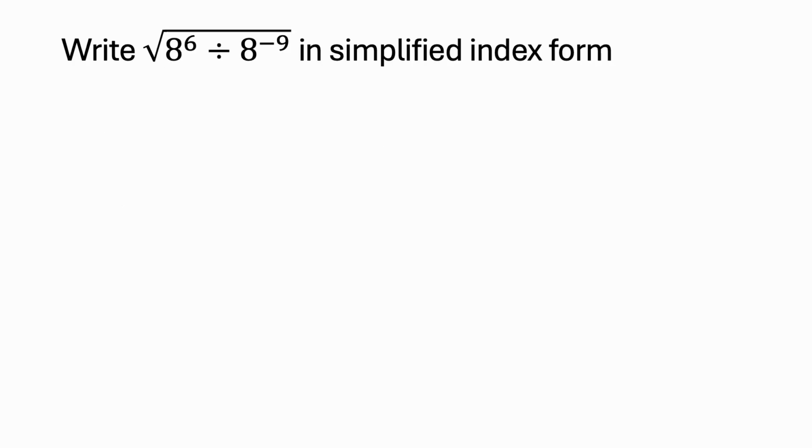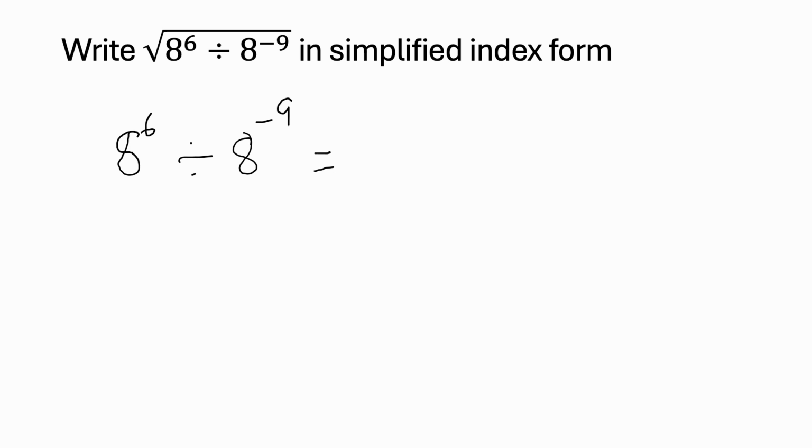So here we've got write 8 to the power of 6 divide by 8 to the power of minus 9. Okay, so let's look at the inside first. So 8 to the power of 6 divided by 8 to the power of minus 9. The index law says that when we have powers of the same base and we are dividing, we have to subtract the powers.